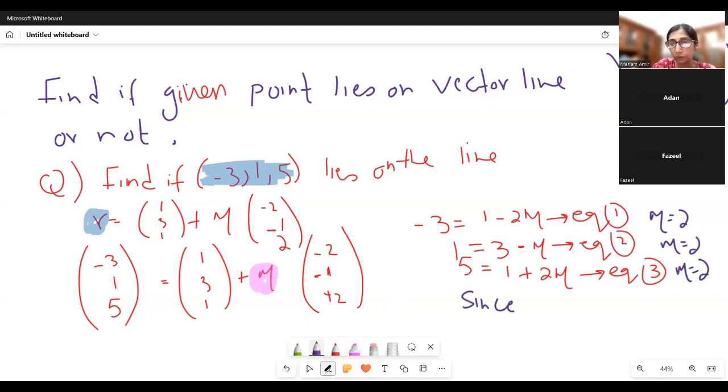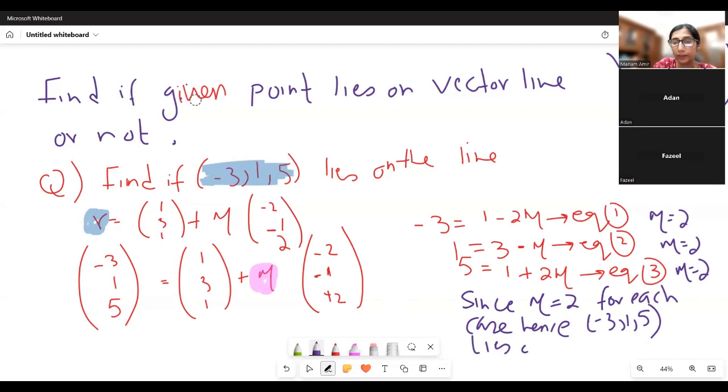Since mu equals 2 for each case, hence (-3, 1, 5) lies on the vector line. You must write a concluding statement because it is mentioned in the marking scheme. It is necessary to conclude.